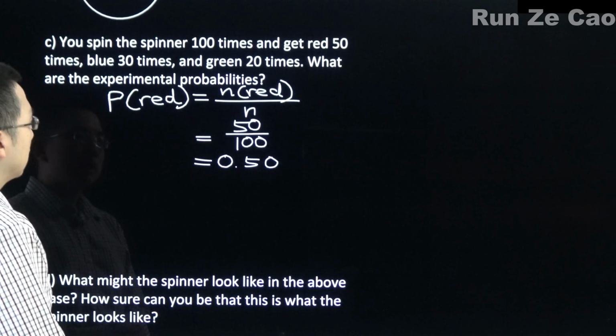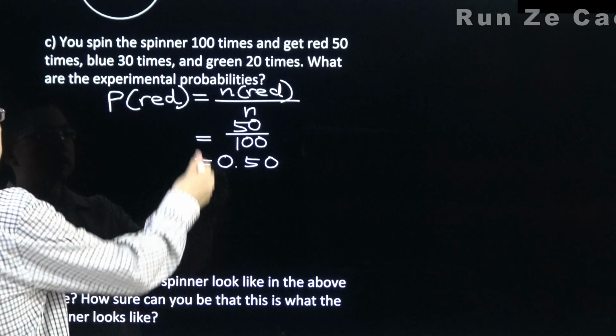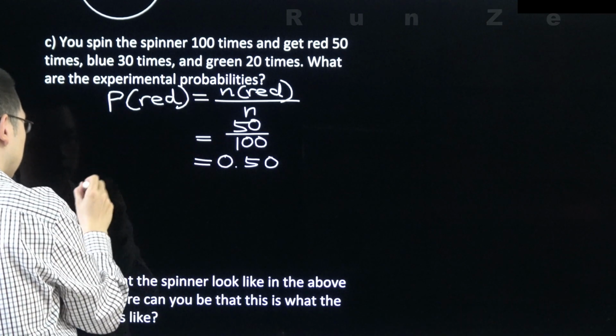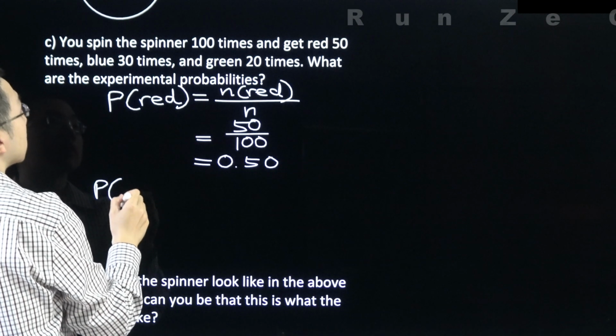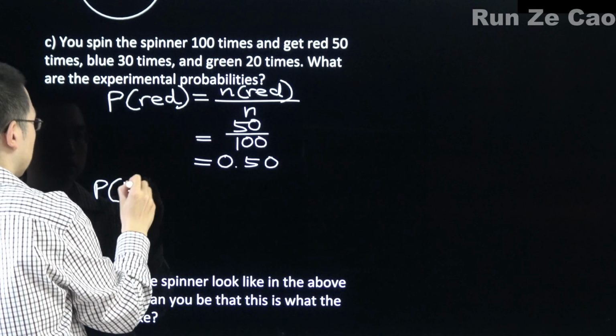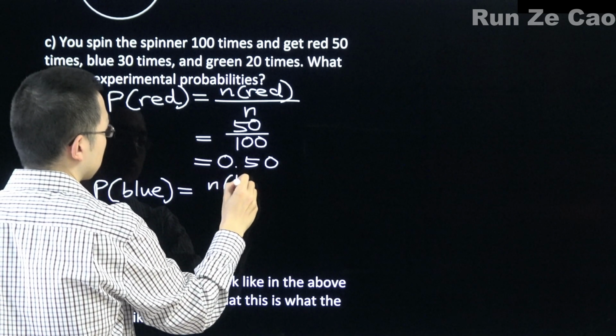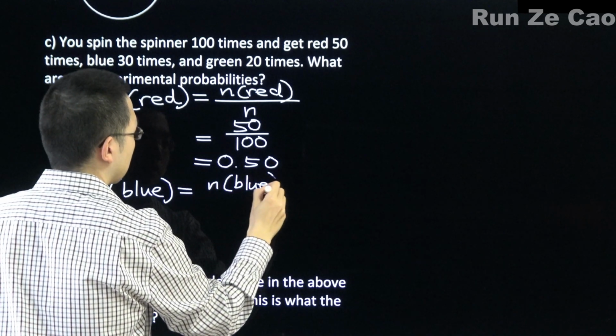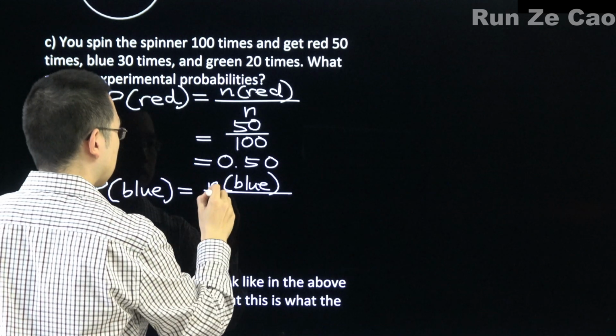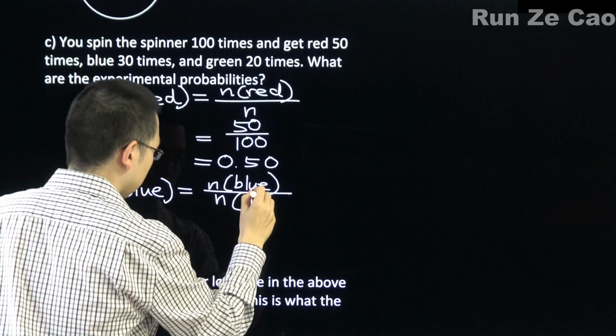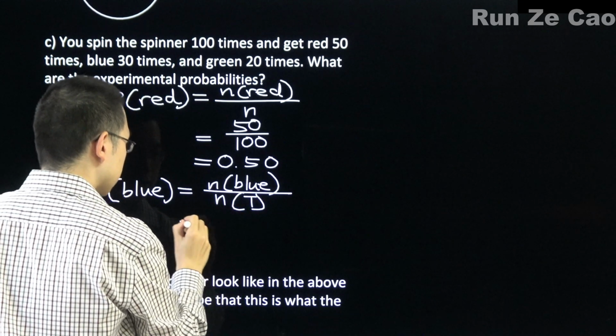So, what's another way we could write this formula? Well, that's P blue is equal to N blue over N T. So this is another way.